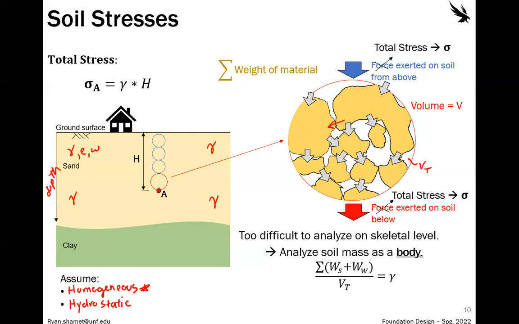And if we check the units, we'll see it checks out because we have pounds per cubic foot for our density, and then the H here is just going to be in feet. So what we're left with is pounds per square foot, which is a stress or a pressure.